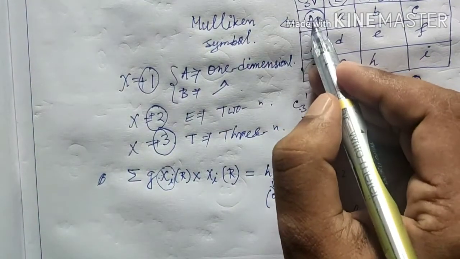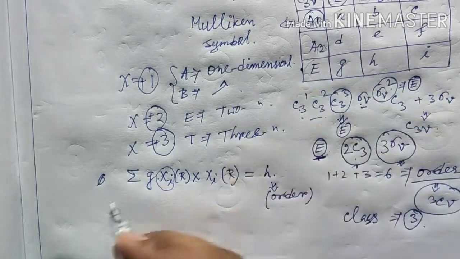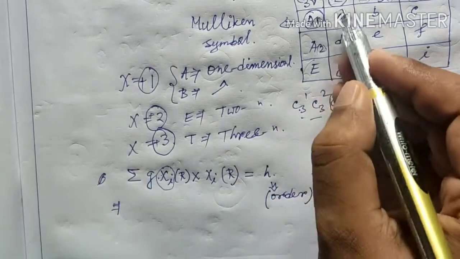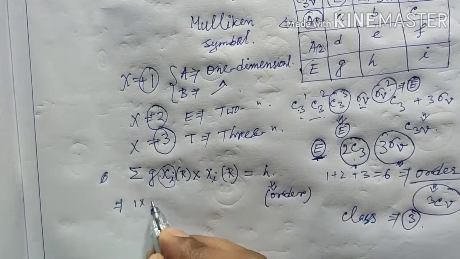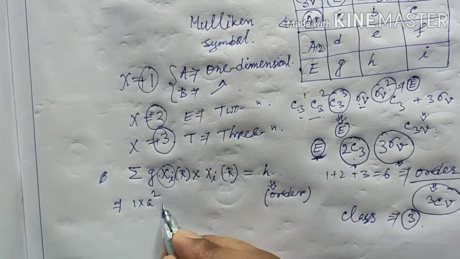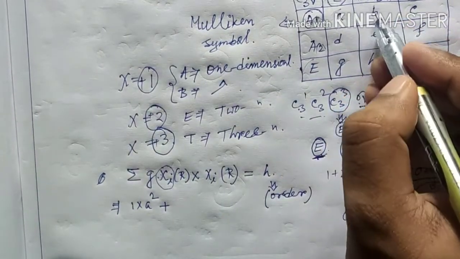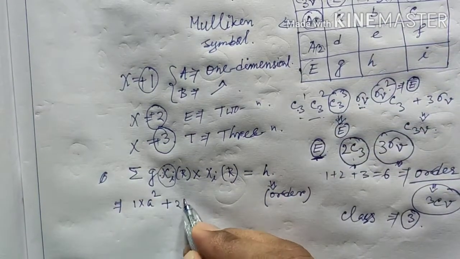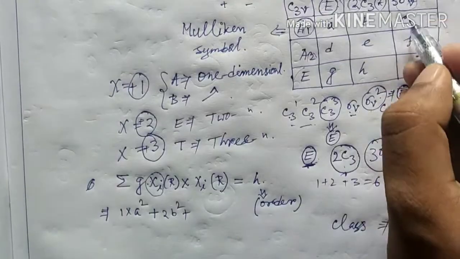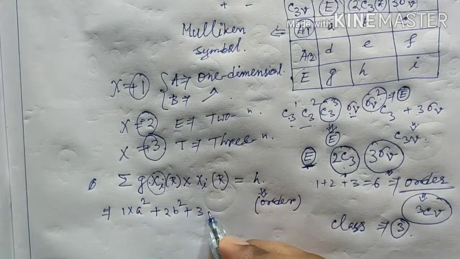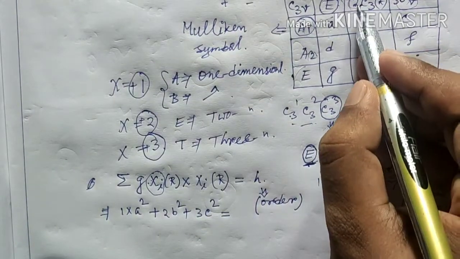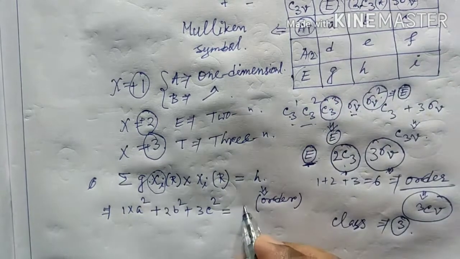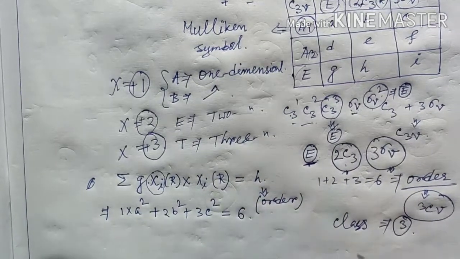In the first case, if we consider the A1 case, then it will be 1 into A, that means A square, plus 2 into B, that is 2B square, plus 3 into C, that is 3C square, is equal to the order, that is 3, 2 and 1, that is 6. It will be equal to 6.